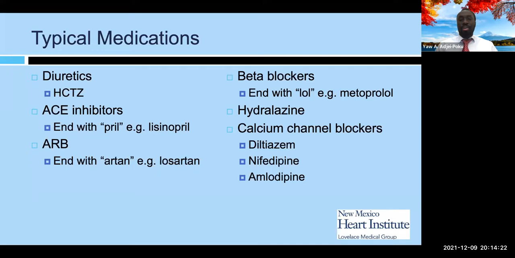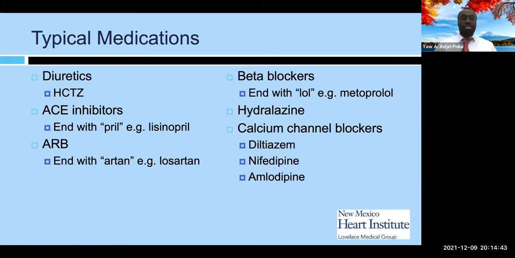Beta blockers are another medication that we use. These end with lol, such as metoprolol, carvedilol, labetalol. Hydralazine is another medication that we use. Calcium channel blockers, such as diltiazem, nifedipine, and amlodipine.